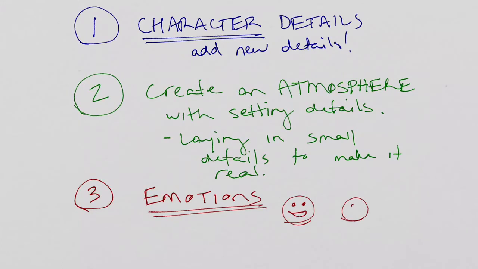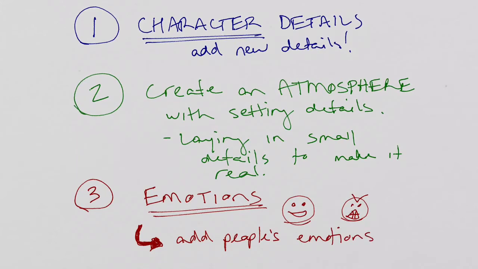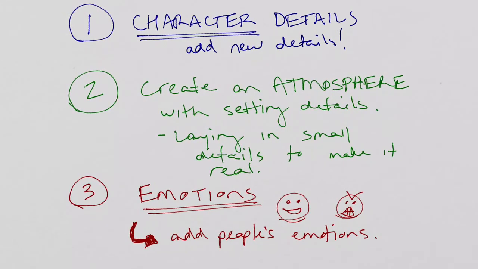I need them to be angry or upset. So whatever you do with your emotions, by adding these in with your people, it's going to just make it more real for the reader, make them care more. So add people's emotions. And you can do that in creative ways too.